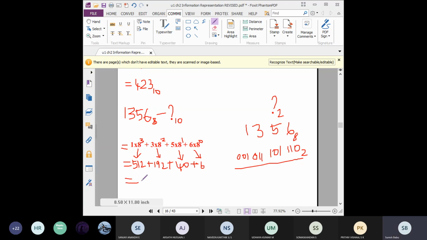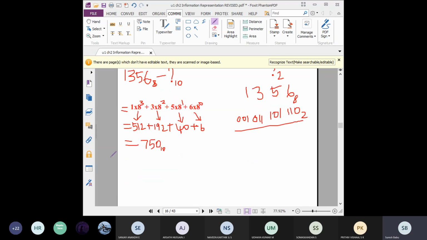Okay, and add everything, you will get the final answer. 512 plus 192 plus 40 plus 6. So your final answer is 750. Okay, and give the base value 10.